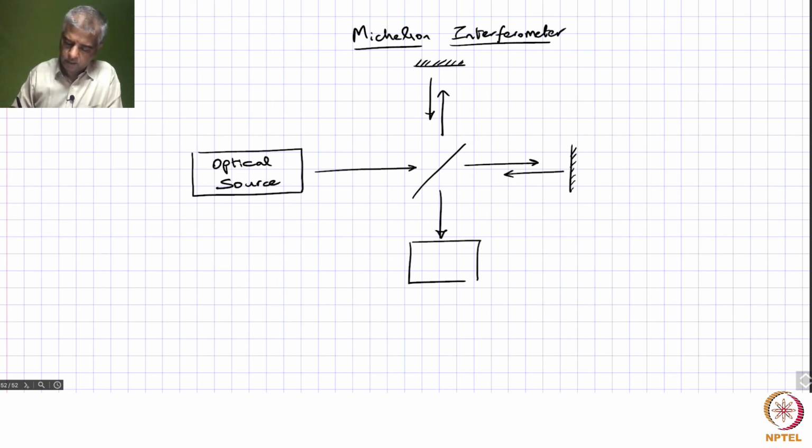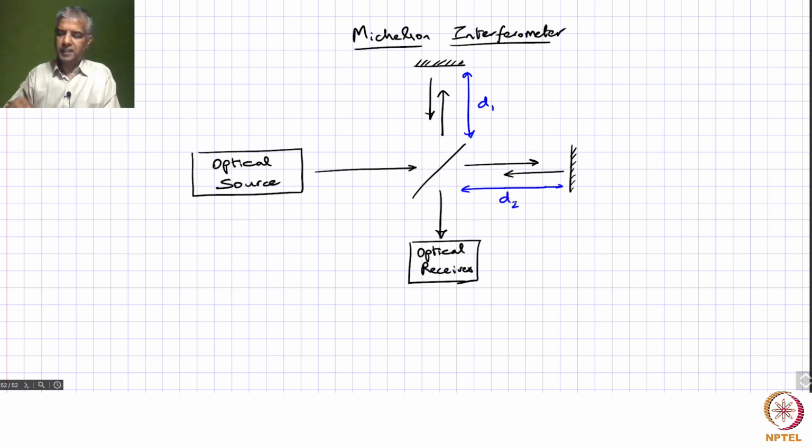So this we put through to an optical receiver, and let's say the path length over here corresponds to D1, and the path length here corresponds to D2.